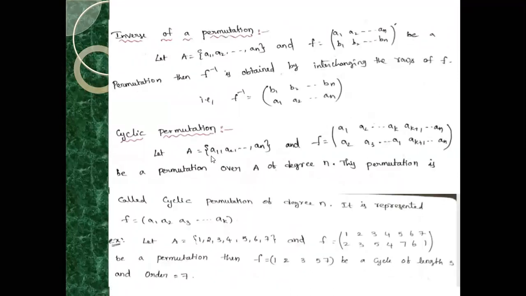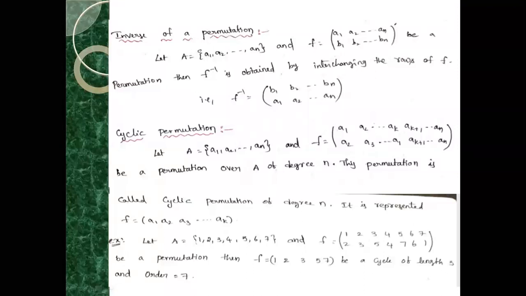Inverse of a permutation. Let A = {A1, A2, and so on AN}, and F is equal to A1, A2 and so on AN in the first row, B1, B2 and so on BN in the second row. So A1's image is B1, A2's image is B2, and AN's image is BN, a permutation.